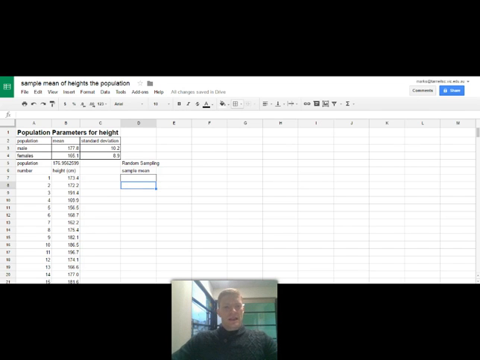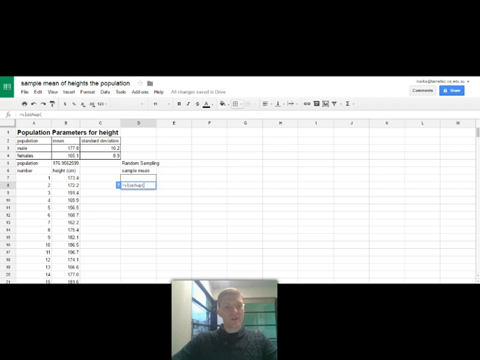In producing samples, we have to randomly select and look up a member of our population. This is going to be done using what's called a lookup function. So let's use the VLOOKUP. Here it is, VLOOKUP. That's going to look up a vertical column. Now we need a reference number that we're going to look up. We're going to reference the population number.